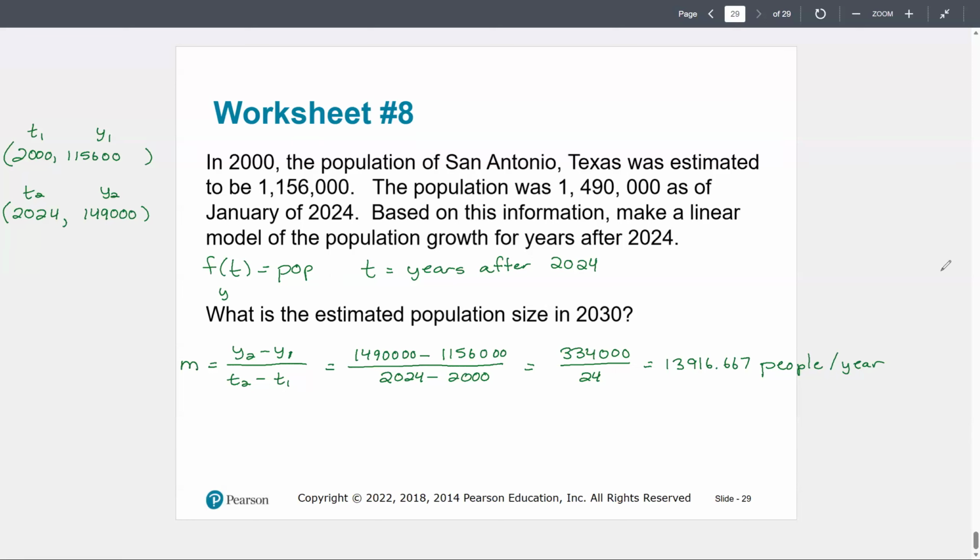So if you got a little stuck in this part, that's fine. So based on this information, we will make a linear model of population growth after the year 2024. So we want 2024 to be the initial year of the model.